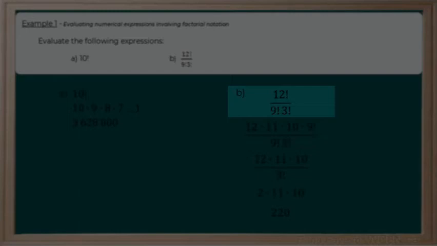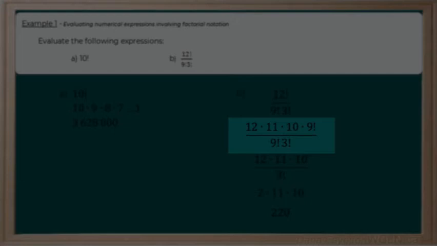Now we're going to take a look at part B. Now, at first glance, this expression looks to be quite a bit more complicated. However, if we can use simplifying to our advantage, we can make our life a whole lot easier when we go to evaluate this. Let's start by writing out a few of these factors to see if we can simplify this expression at all.